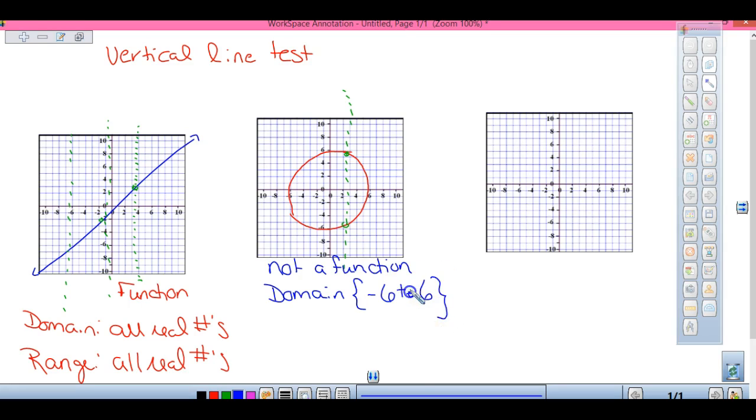Let's write that as the word "to" because it looks like a negative. So my domain goes from -6 to 6. My range is this way. 6 to -6, yeah.